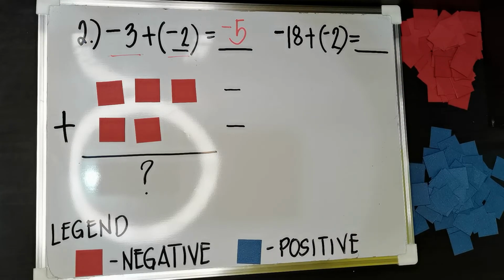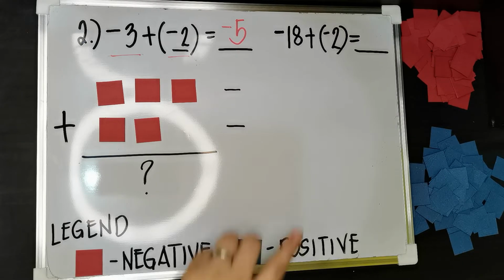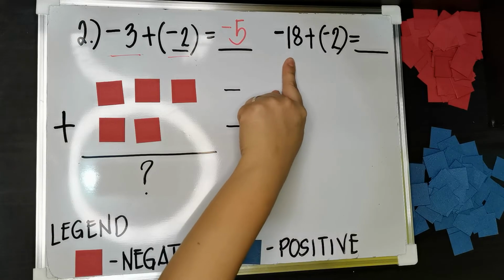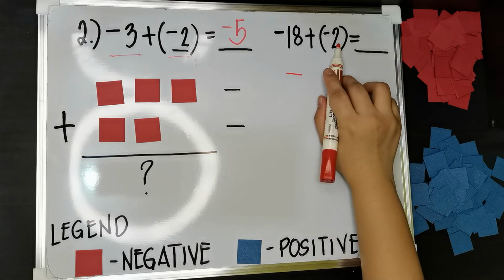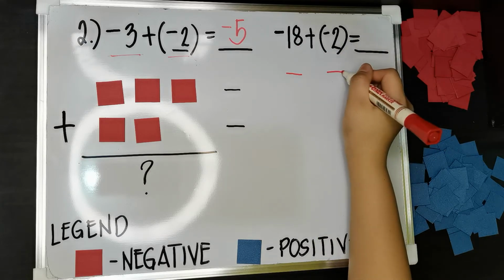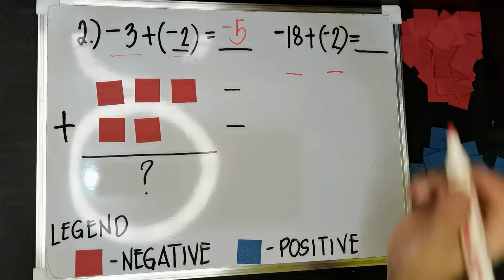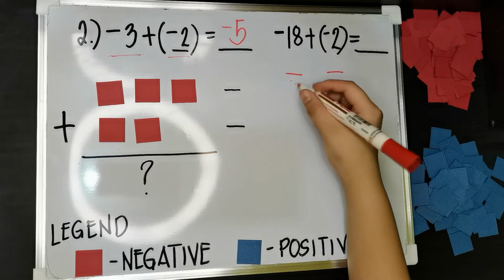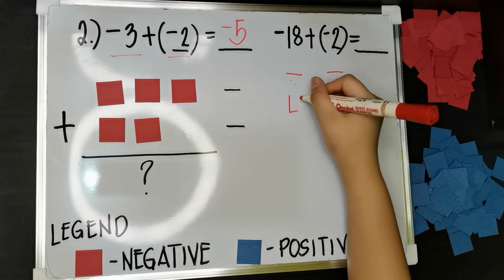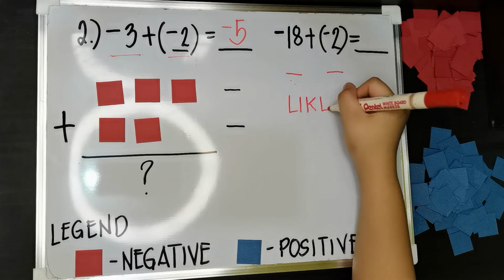So, let us apply the rule. Okay? So, the rule is ganito. First, identify the sign of the first integer. Ano ba ang sign ng 18 dito? Right, it is negative. Ano ba ang sign ng 2 dito? It is negative. Kita nyo? Parehas negative. So, that means they are like signs.